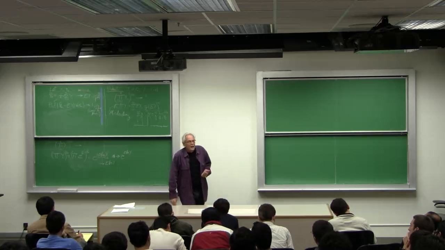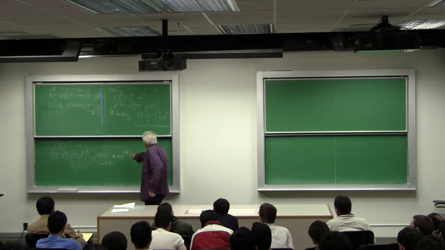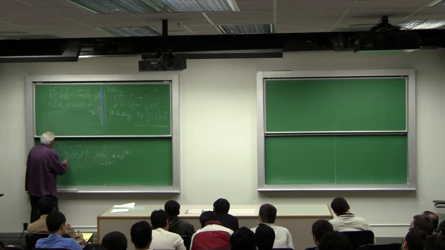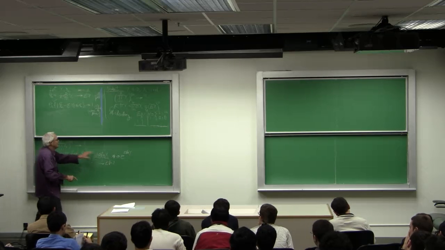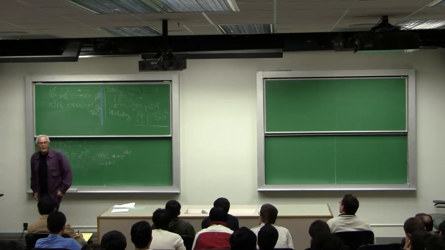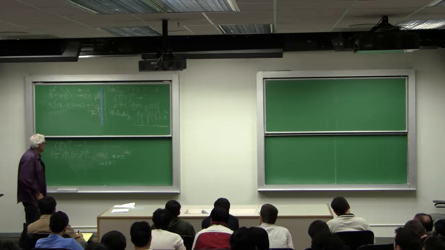So you get the right answer. And because this is close to its expected value, then this will be close to e to the expected value of log Y. So that's how products behave.